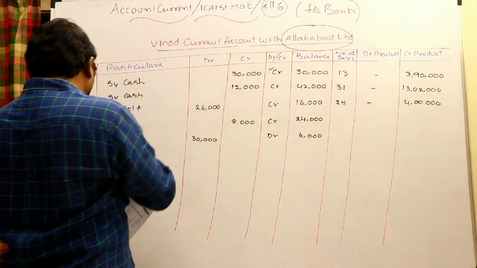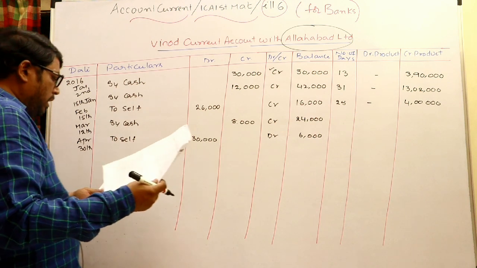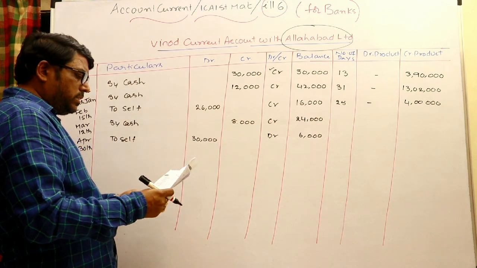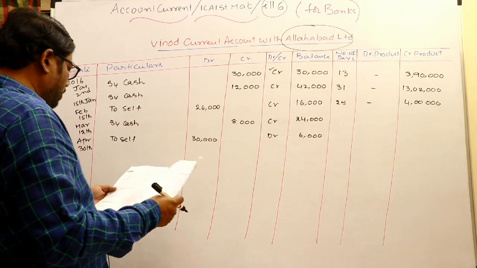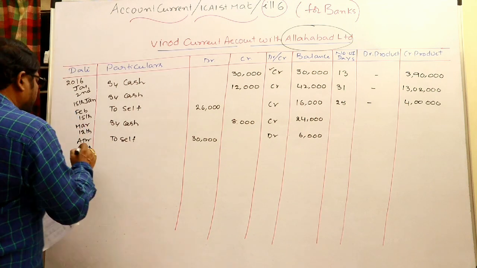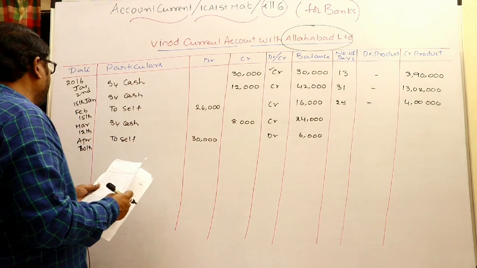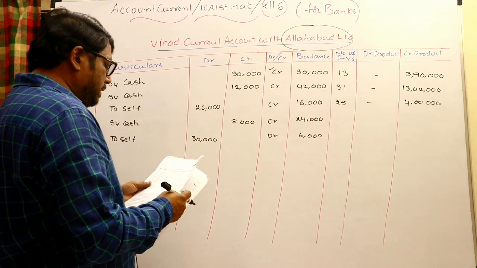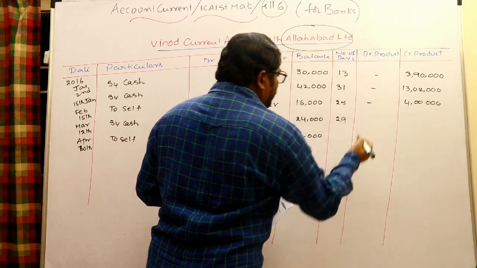So for the earlier one you may calculate the number of days. March 12th was the earlier transaction, and now this is the transaction of April 10th. Therefore in March 19 days are there, plus April 10 days, 29 days.